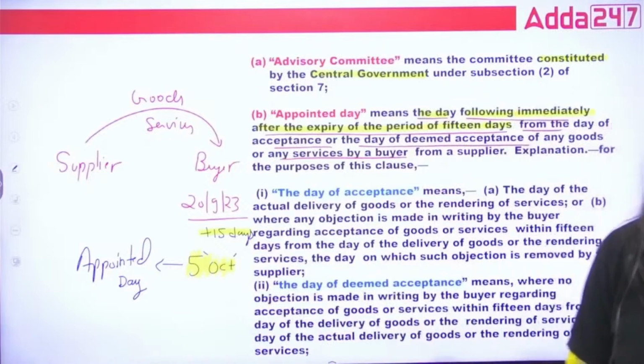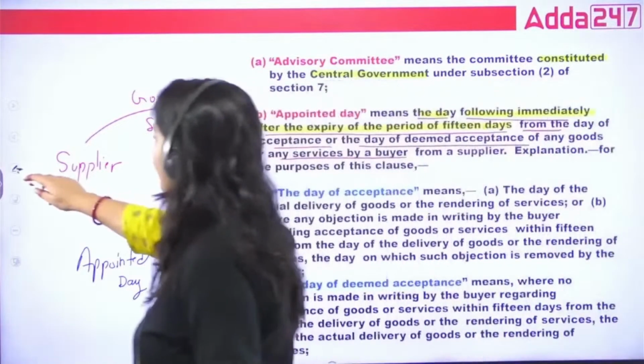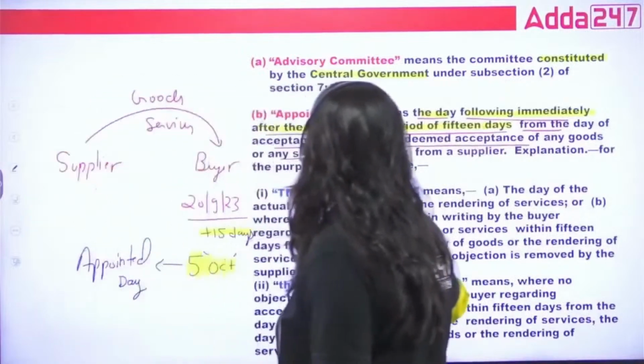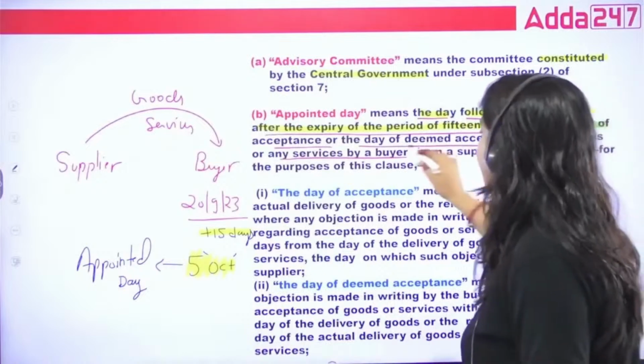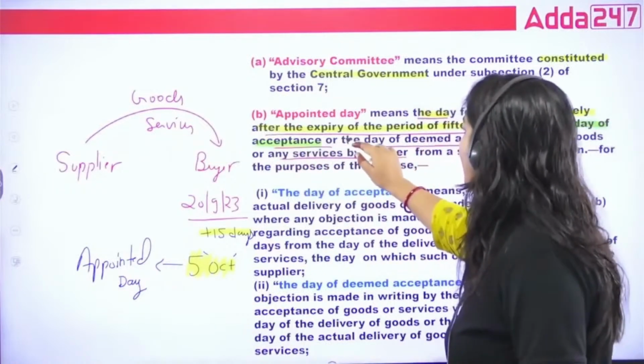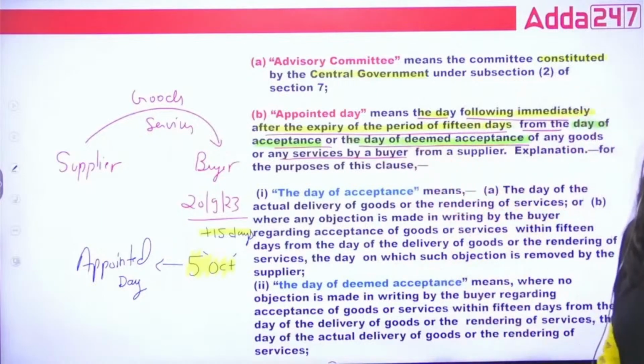This is very important. Now, guys, what is the day of acceptance and what is the day of deemed acceptance? These two terms I will teach you. First of all, please read the day of acceptance and the day of deemed acceptance. Please read, class.